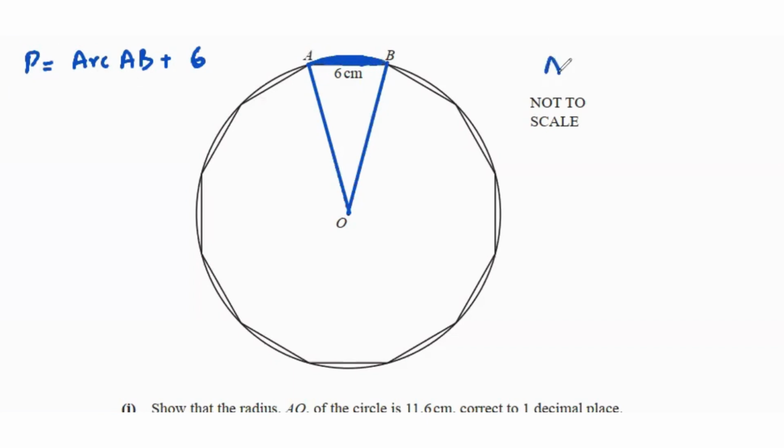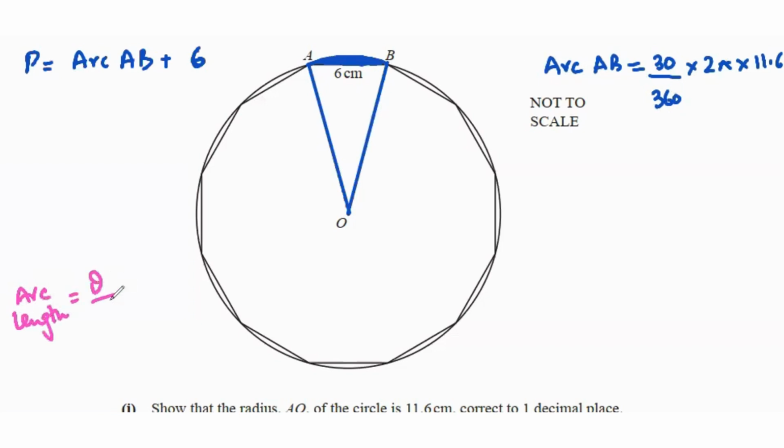So arc AB is going to equal 30 over 360 times 2 pi times 11.6. The formula we're using over here is arc length equals theta over 360 times 2 pi r.